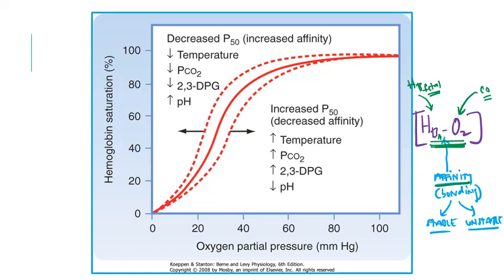So now that we understand the big picture of this dissociation curve as being about chemical bonding or affinity, let's add in a couple of other variables to see how it might relate to tissues that might need more or less oxygen. So one thing to note here before I get going is that hemoglobin's molecular structure can be influenced by its environment.